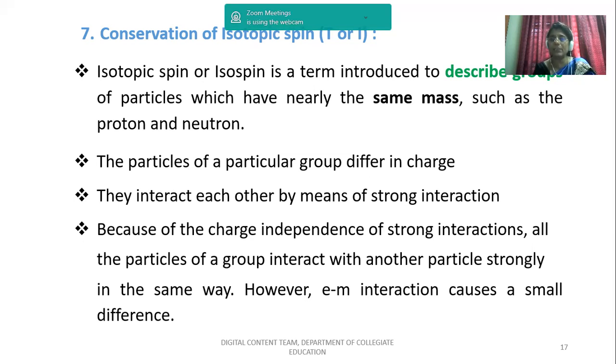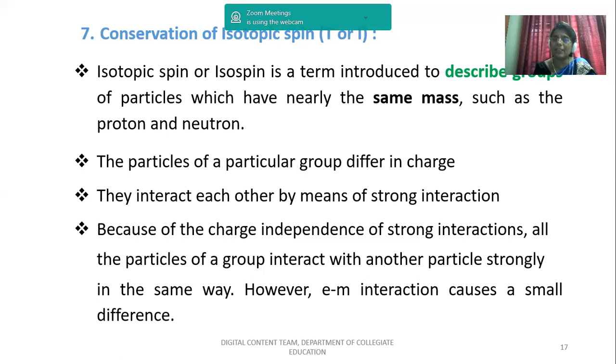Because of the charge independence of strong interactions, all the particles of a group interact with another particle strongly in the same way. That means when you have, for example, proton and neutron, the proton can interact with a neutron, a neutron can interact with a neutron, and a proton can interact with a proton. Being charge independent in strong interactions, the particles of that group interact with each other very strongly in the same way.